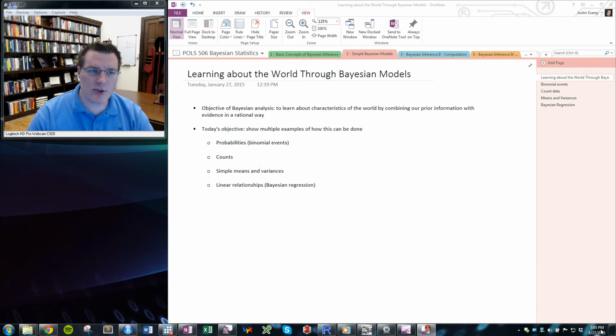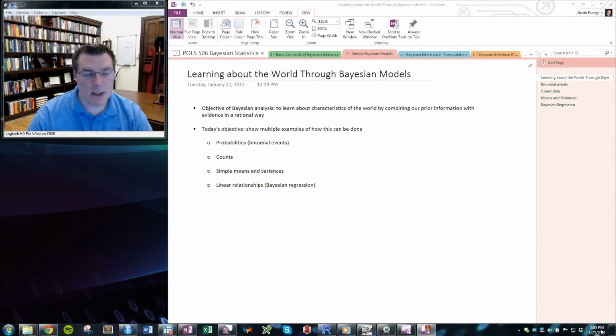This week I want to show a lot of examples of how this works in an applied scenario. I'm going to show examples in four different arenas. One of them has to do with binomial probabilities, events that are either 1 or 0, something like flipping a coin and it coming up head or tail.